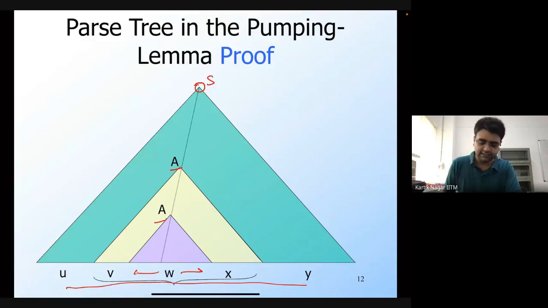And let's assume that from the higher A, which means from this particular A, I derived the string VWX. Since from the A present higher up on the path I derived the A that was present lower on the path, whatever I derived from the lower A, which is W, must be part of the string that I derived from the higher A. That's why the string that I derived from the higher A would be of the form VWX.